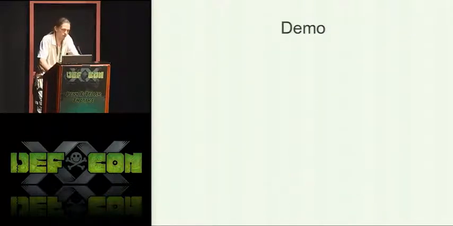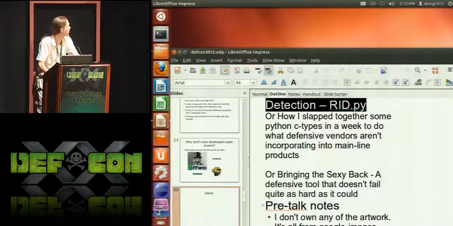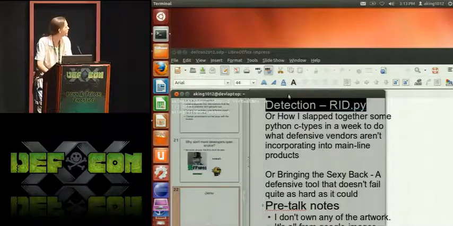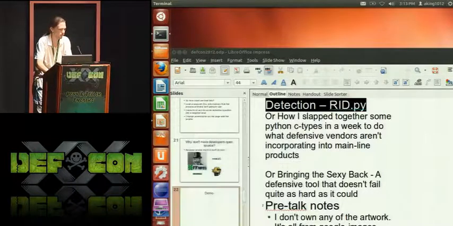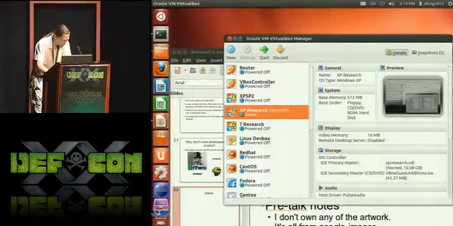All right, so the demo. Oh, come on. Well, if it would launch properly, everything would be dandy.